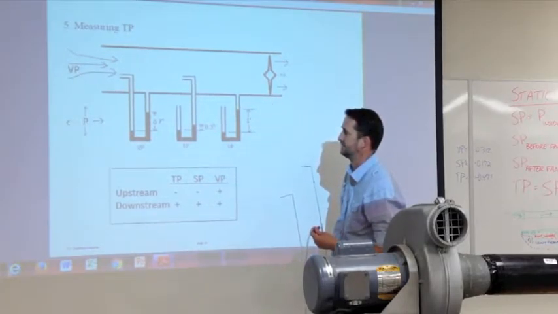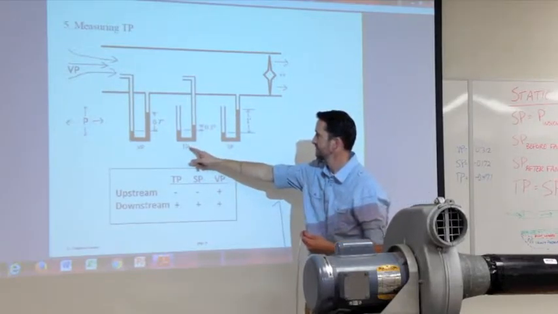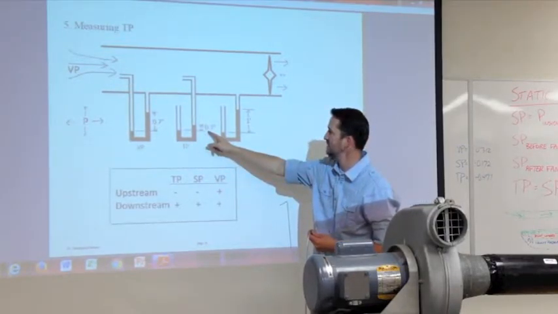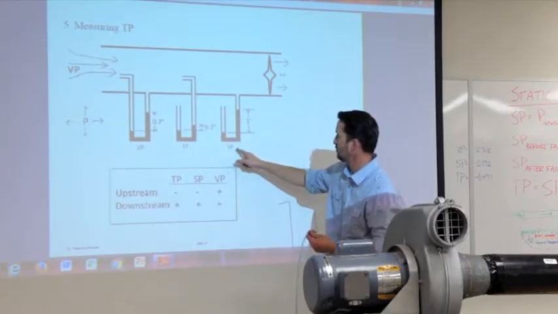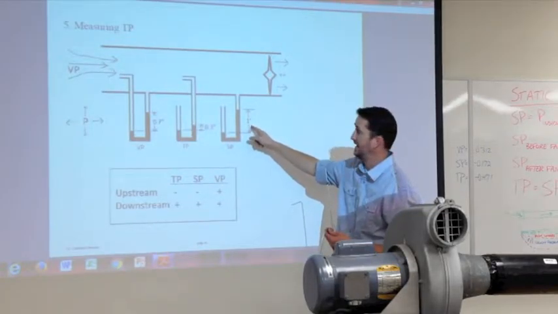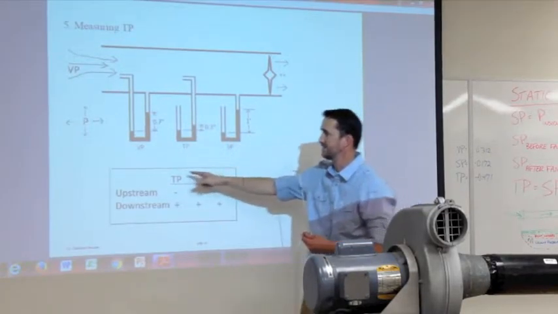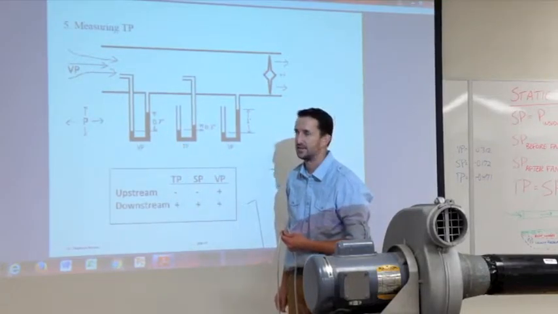It's negative. Okay. The total pressure, in this case negative 0.3 inches, equals the static pressure, which is negative 1 inch, plus the velocity pressure, in this case 0.7 inches. Okay.